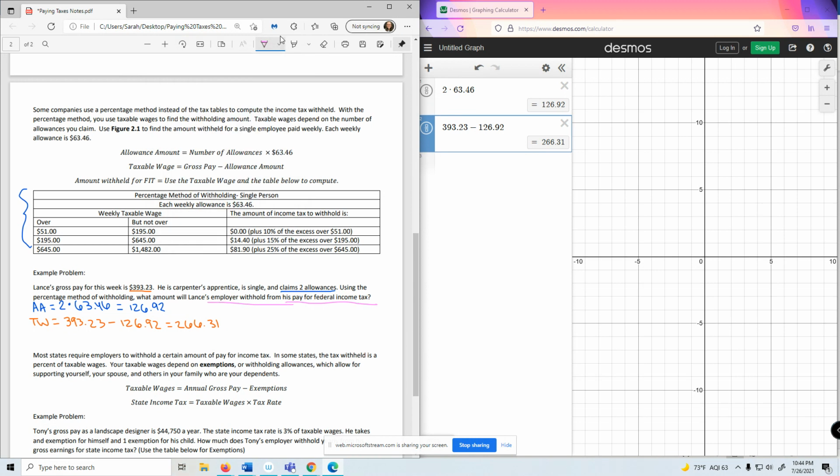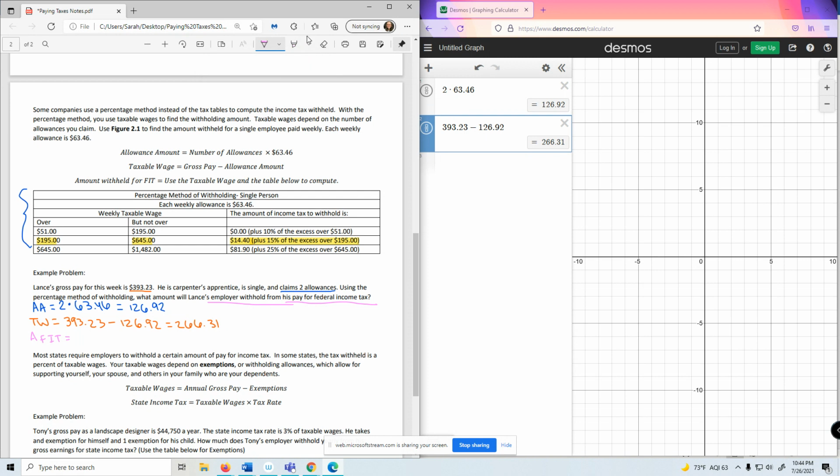And so the way we find that is, I'm going to just call this AFIT, just abbreviate there. The amount withheld for FIT, it says use the taxable wage in the table below to compute. His taxable wage is $266.31, which falls in this category right here. He's over $195, but not over $645. When things fall in that category, it's going to be $1,440 plus 15% of the excess over $195.